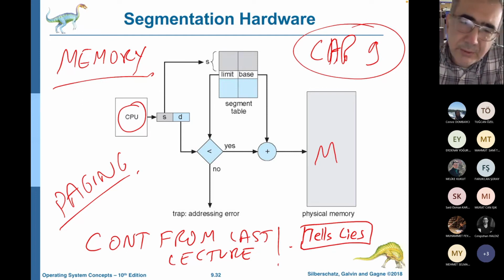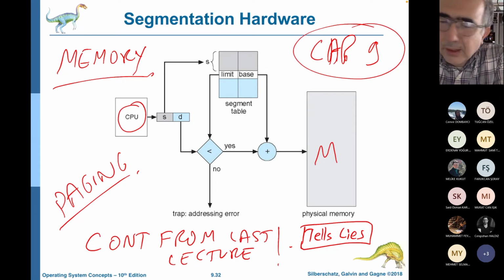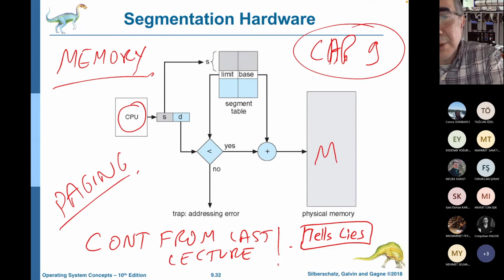We will store which segment is at what location, as if it was multiple programs. So we can distribute those segments in different places in the memory. That will allow us to use the memory a little bit more efficiently than the previous case.